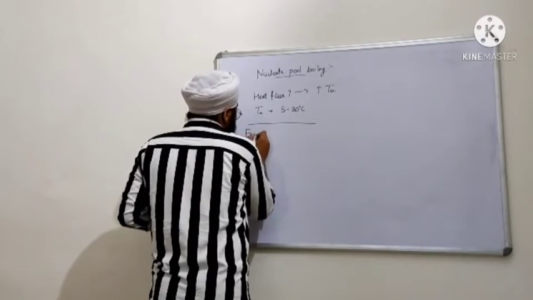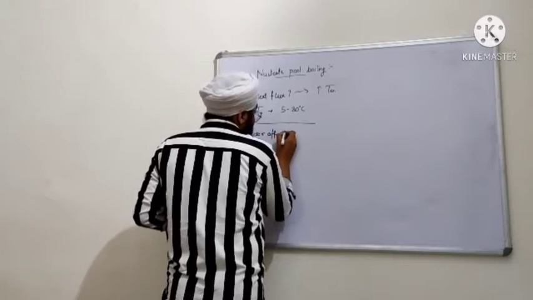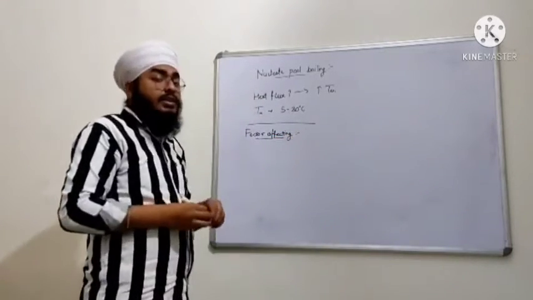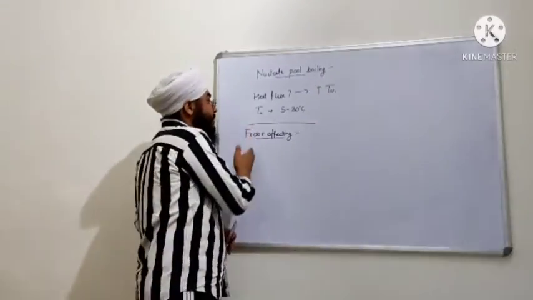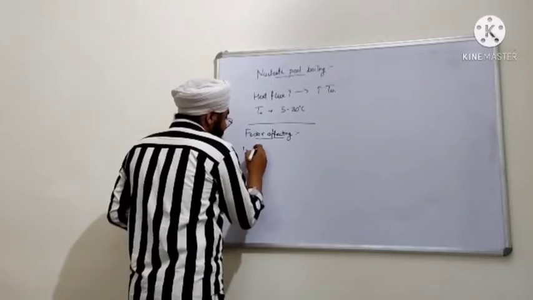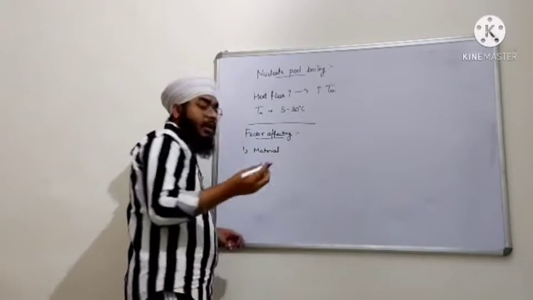Factors affecting nucleate boiling. Now there are many factors which affect boiling. The factors which affect nucleate boiling are as follows. The first factor is material, the material of the solid.